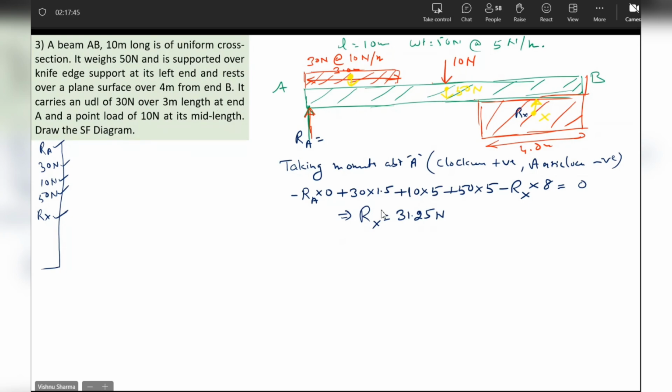I made a mistake. How much? 43.125. Yes. Okay, 43.125 newtons.